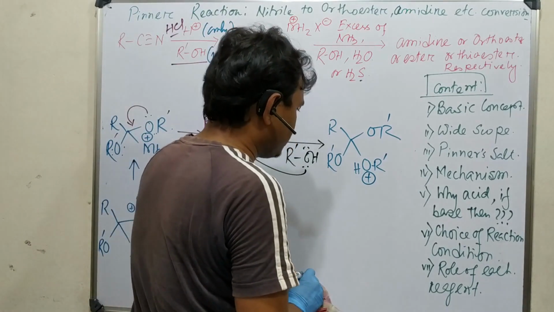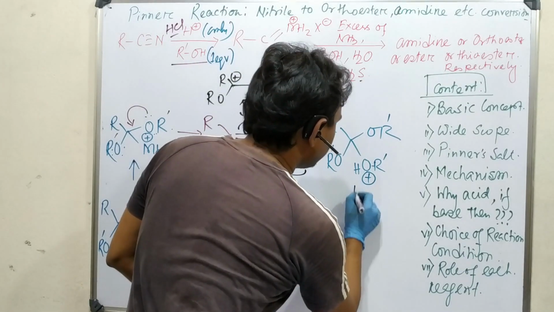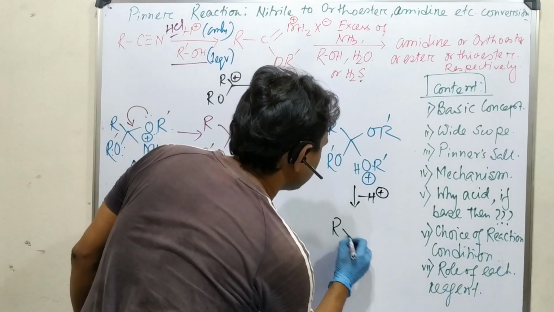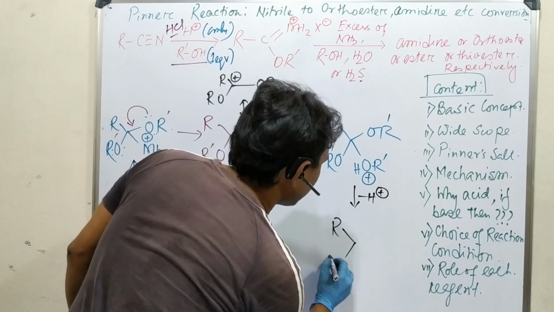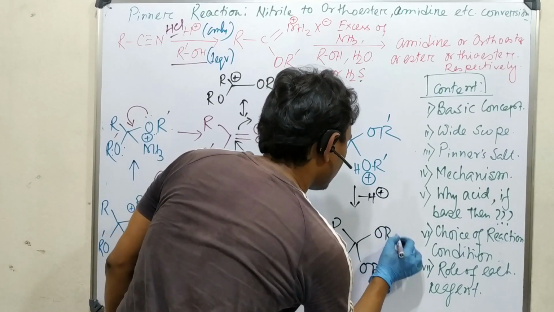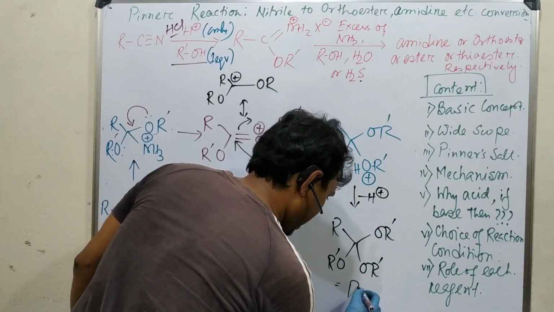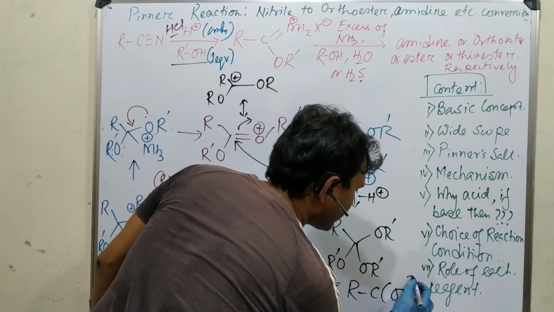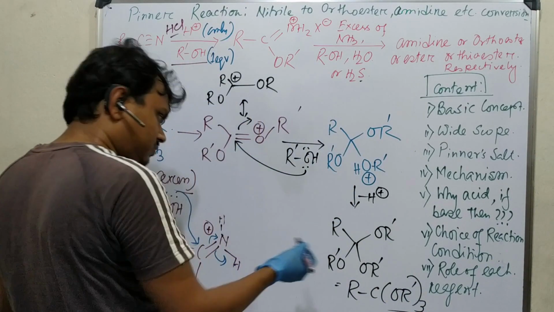So what will it produce? Ultimately, by the elimination of H plus, it will produce R, with OR prime, OR prime, OR prime. In short, R, C, OR prime twice. Why?